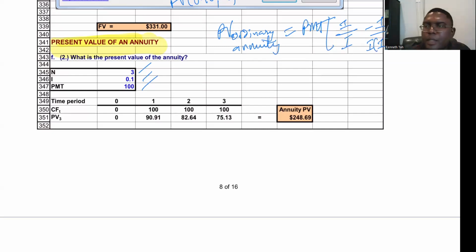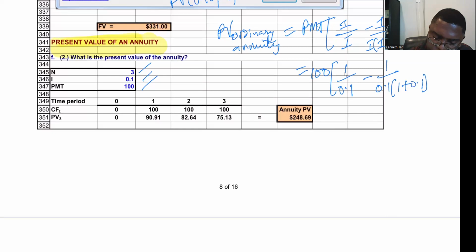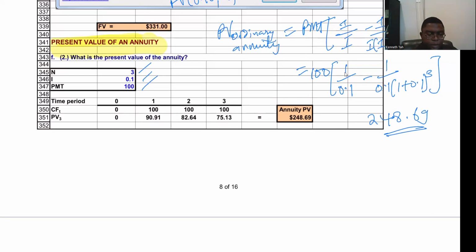So that will be the formula. Payment is 100, interest rate is 0.1, so 1 over 0.1 minus 1 over 0.1 times 1 plus 0.1 raised to the power n, which is 3. If we work this out, we end up with 248.69. So that is using the formula in calculating this problem.